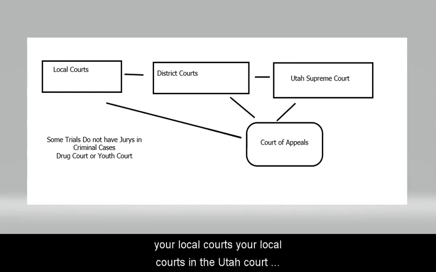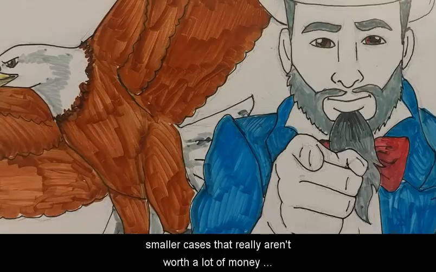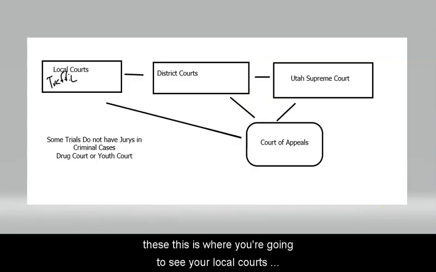Your local courts in the Utah court system are like your traffic courts. These could be your minor courts where minor infractions occurred, your smaller cases that really aren't worth a lot of money. This is where you're going to see your local courts. Okay, these are your small claims, up to $10,000, your misdemeanors, your traffic violations. You'll see these in the local courts.